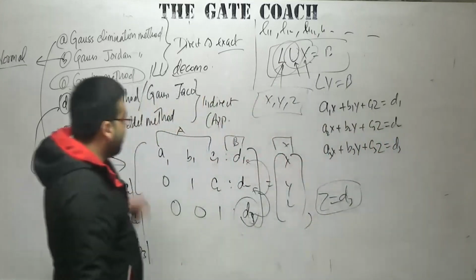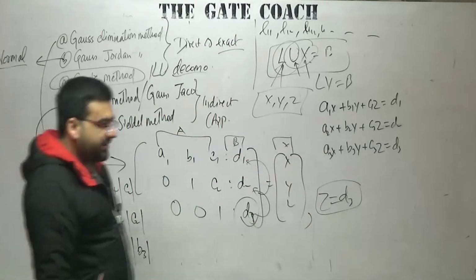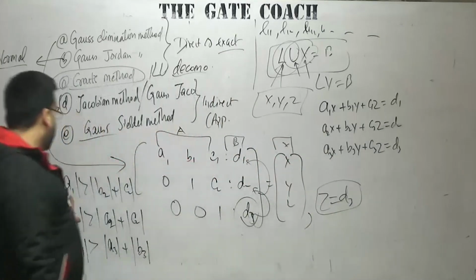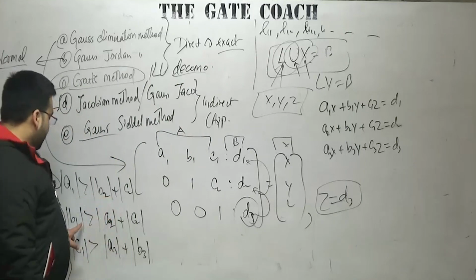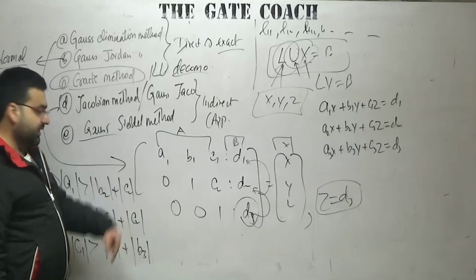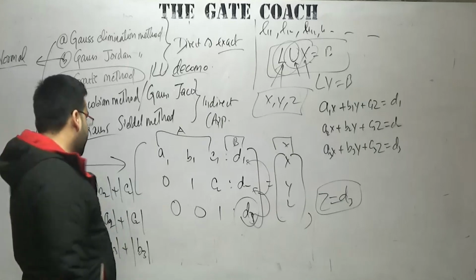A1, A2, A3 can be anything, right? Just see the equation in which the mod of the coefficient becomes greater than the mod of the others.